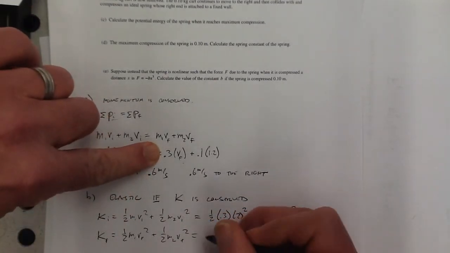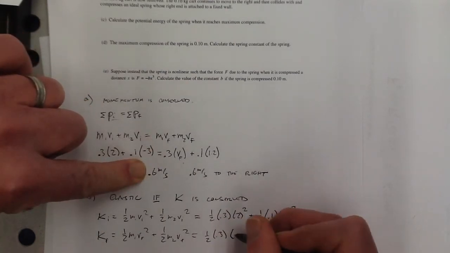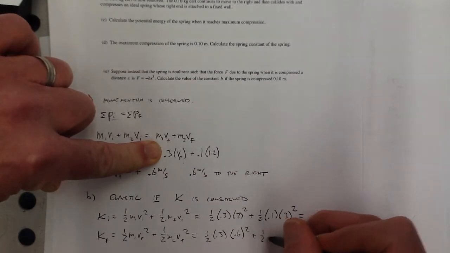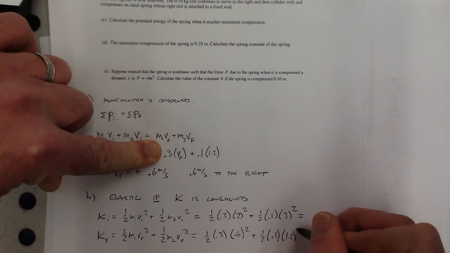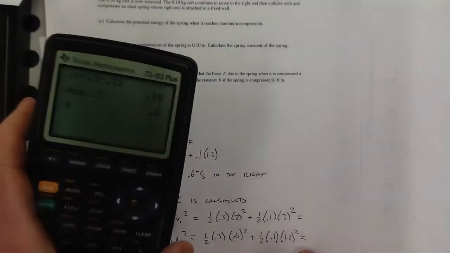That's 1/2 of 0.3 times 0.6 squared plus 1/2 of 0.1 times 1.2 squared. All right, let's find those.